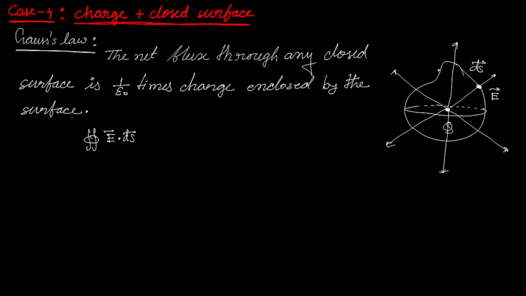If you want to calculate the total flux through this surface, we have to do the surface integral. Since it is a closed surface, we take a closed surface integral, which equals 1 by epsilon naught times Q enclosed by the surface. So this is the statement of Gauss law.